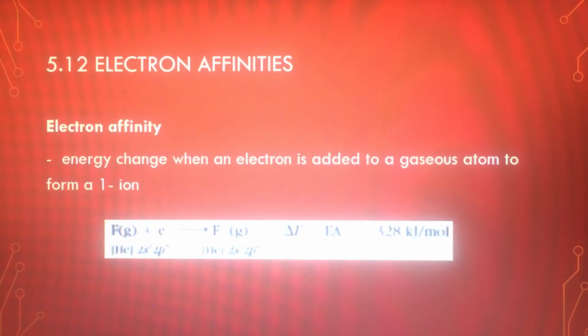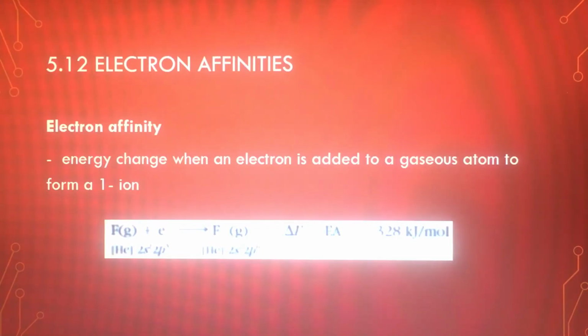For example, if an electron is added to a gaseous fluorine atom, it will gain a -1 charge and become a fluoride ion, and the energy involved is called the electron affinity.